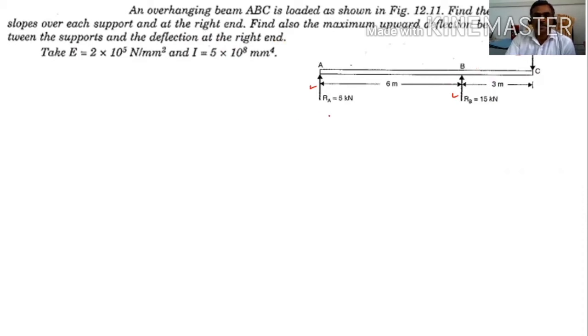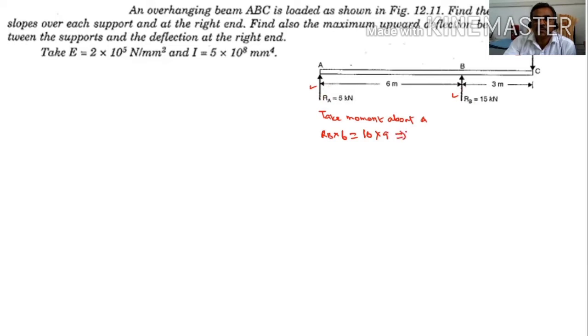Before we start calculating the deflection and slope, first find the reactions at A and B. If you want to find the reactions at A and B, first take moment about A. The equation will be RB into 6, the distance is 6, equal to 10 into 6 plus 3, which is 9.